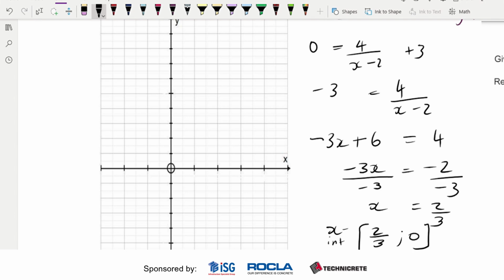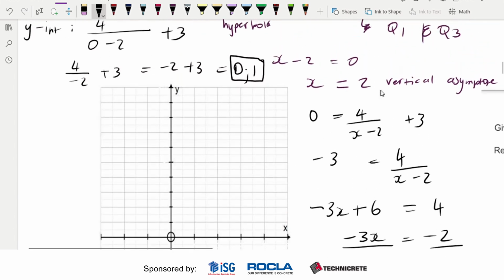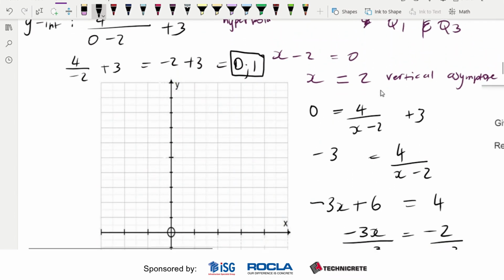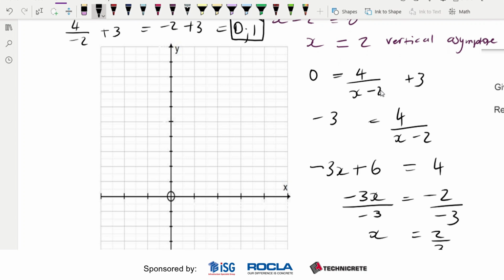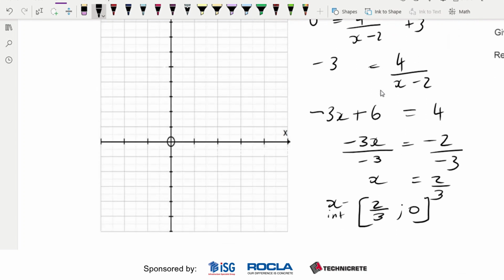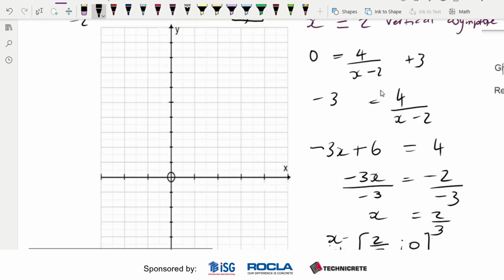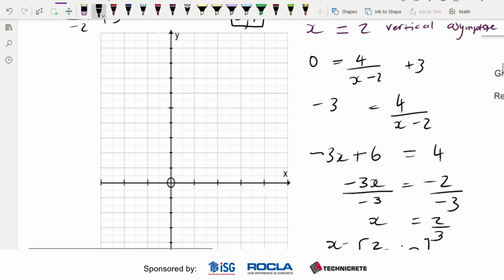All right, now we have all the information that we need in order to draw a graph. We don't even need to use our calculators. So we can start by drawing in our asymptotes. So let's draw in y is equal to 3. So this would be 1, 2, 3. We can just use a dotted line to indicate our asymptotes.